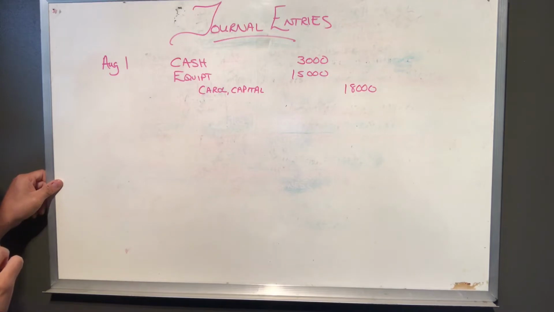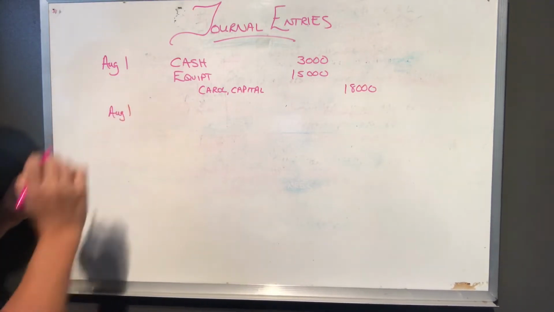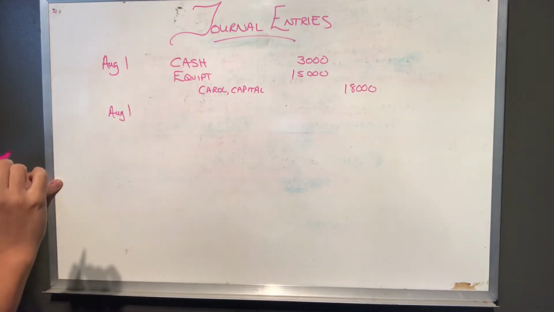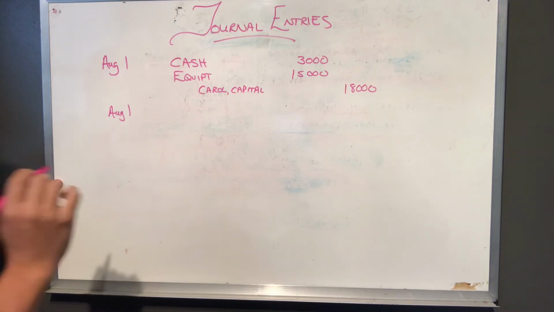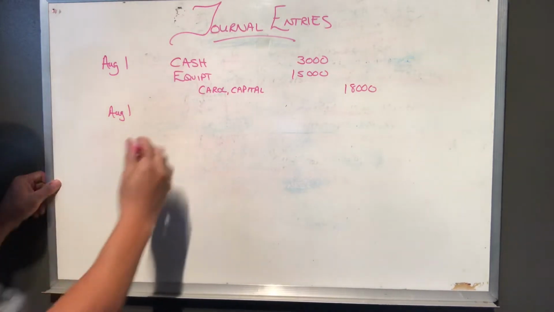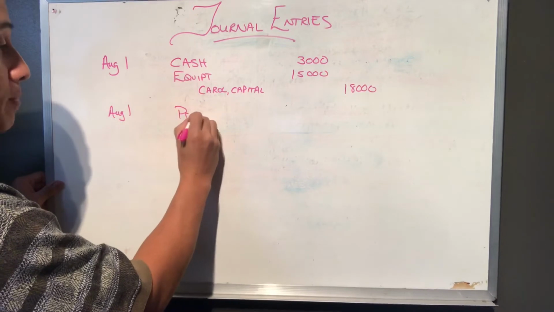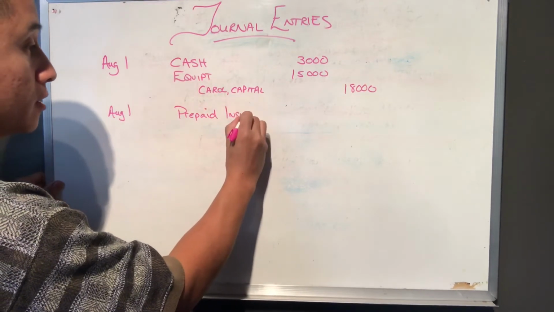Now let's say that also on August 1st, our friend Carol paid $600 for 6 months of insurance. So because it's 6 months of insurance and she hasn't used it yet, that would be an asset, prepaid insurance.